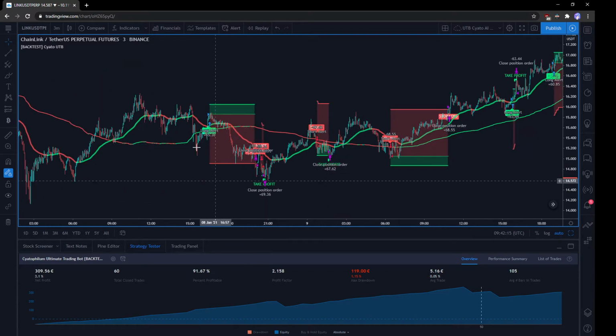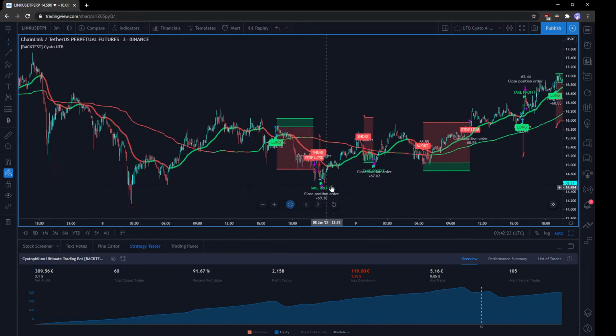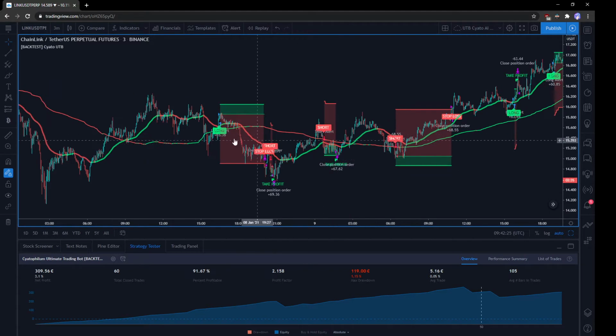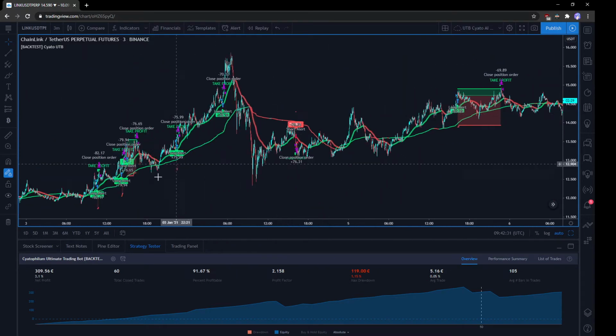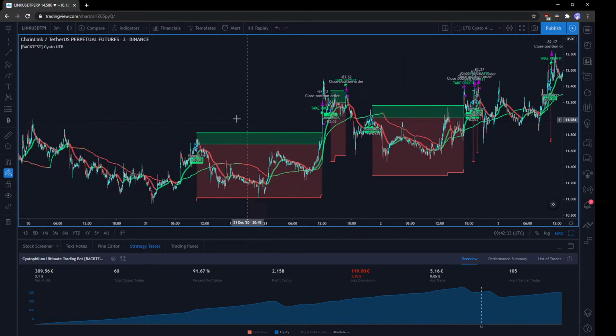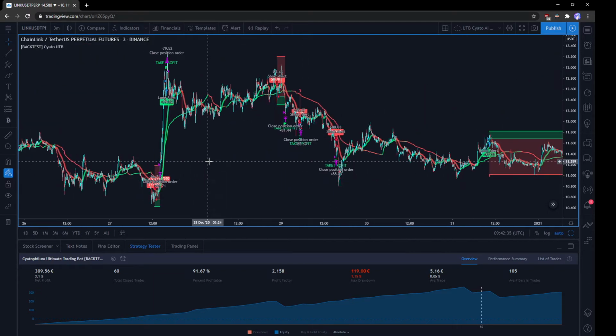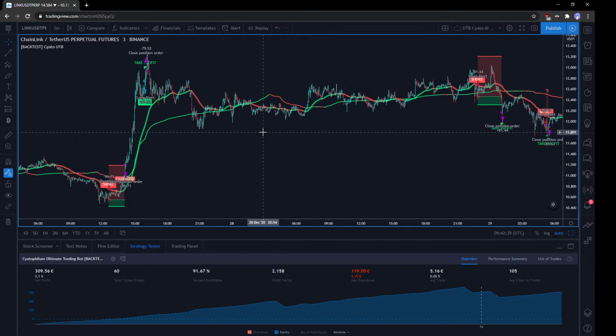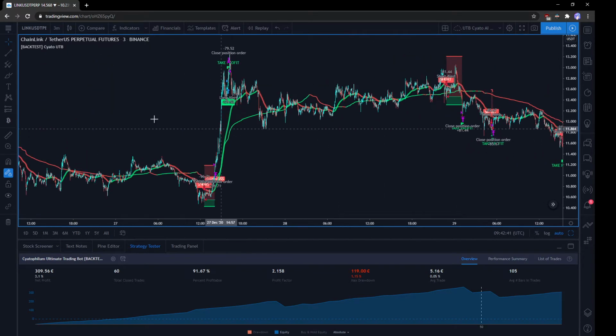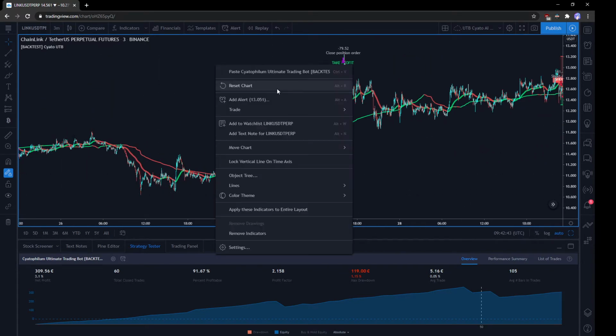We can still see that a few safety orders would prevent some unnecessary stop loss like here. We would just place a safety order and take profit later, but it's fine. I want to keep it simple. We still have a nice win rate, so this is fine. I'm going to keep it simple like this.